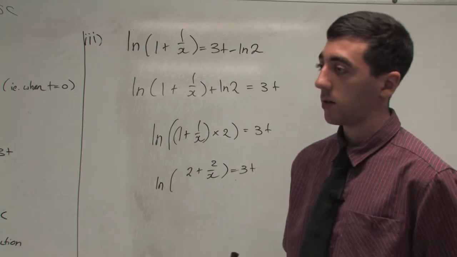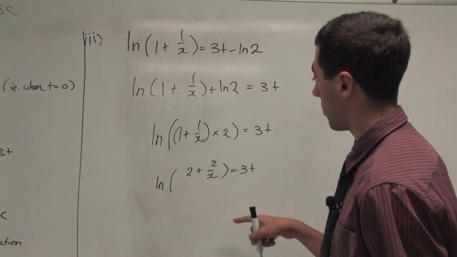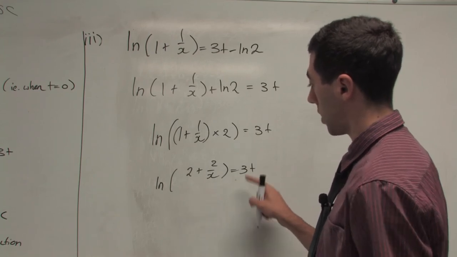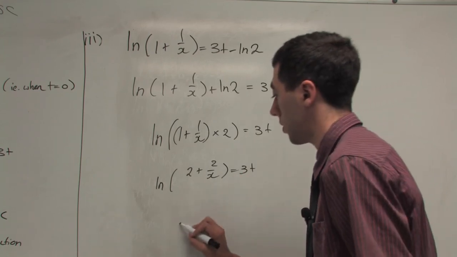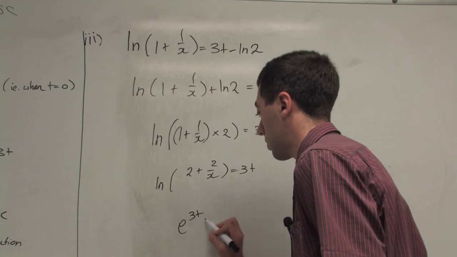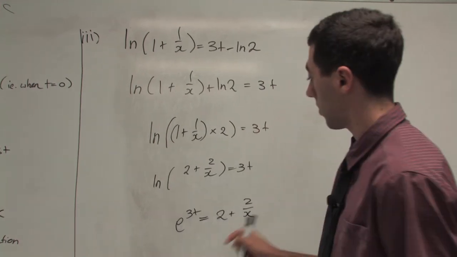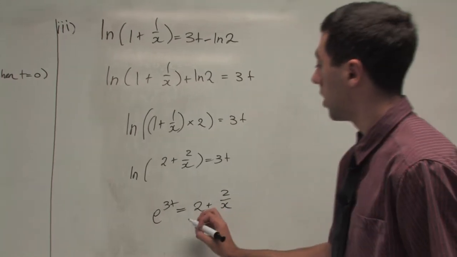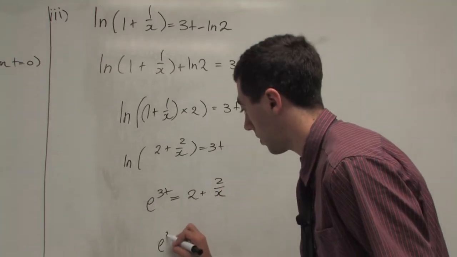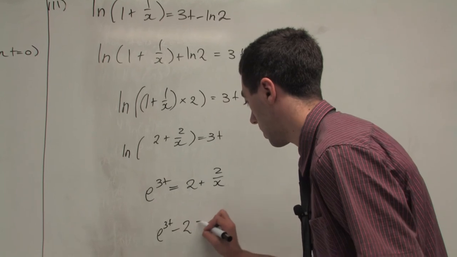Now, since we want x as a function of t, we're going to have it in exponential form now. So if you know how to do that, we take it. So that now 2 plus 2 over x is the logarithm of e and whatnot. Okay, so now we take e minus that.